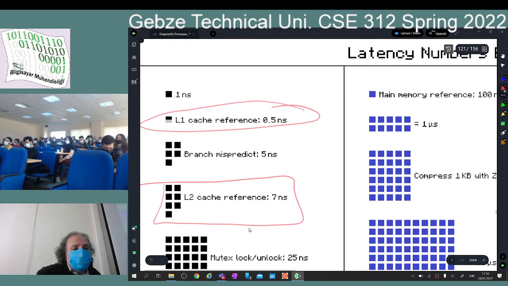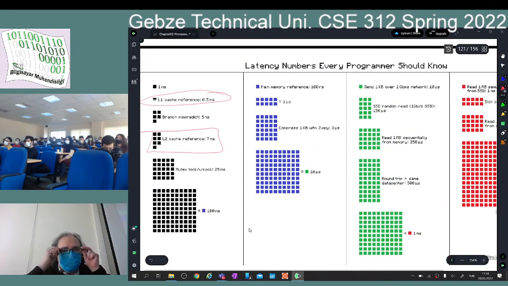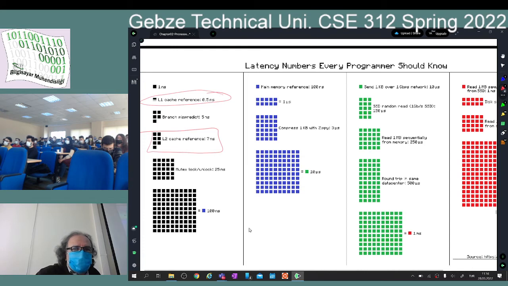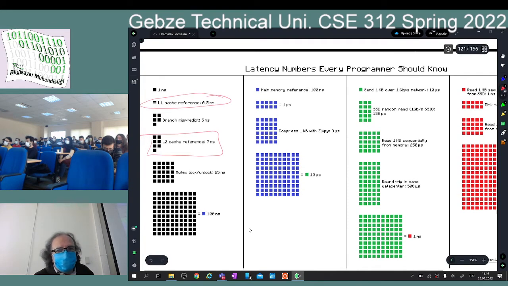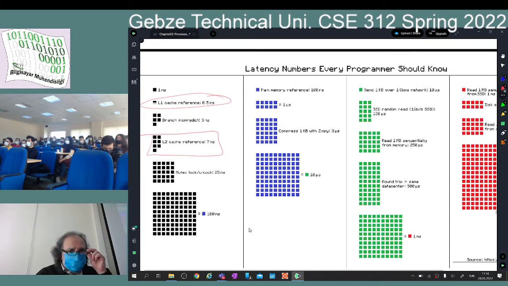All the data in your L2 cache is going to go away. And now you will have to drop down to 100 nanoseconds, which is a memory reference. So for each data reference, we are talking about 200 times more time. That's what we are talking about.